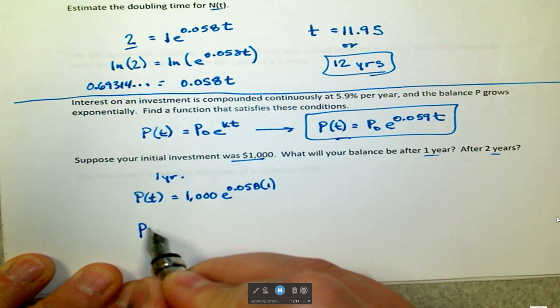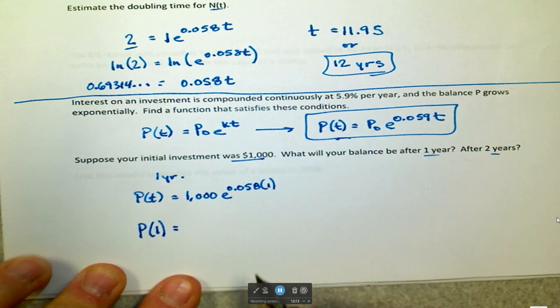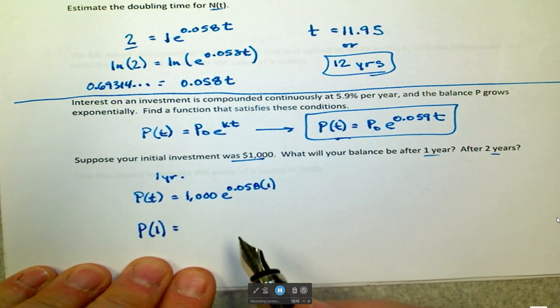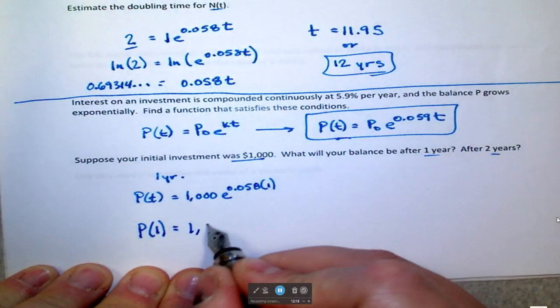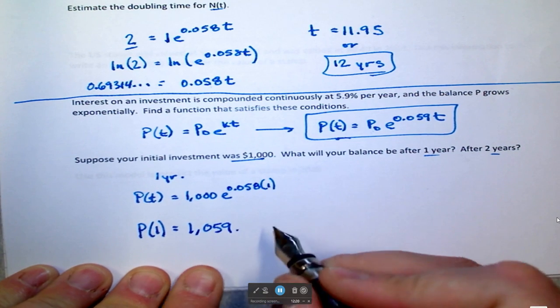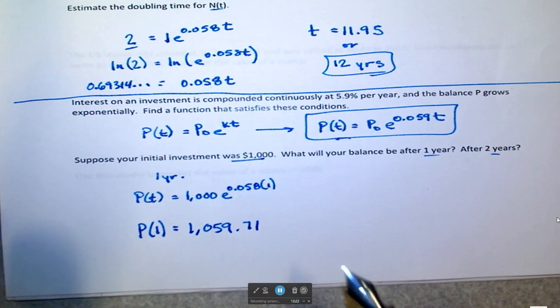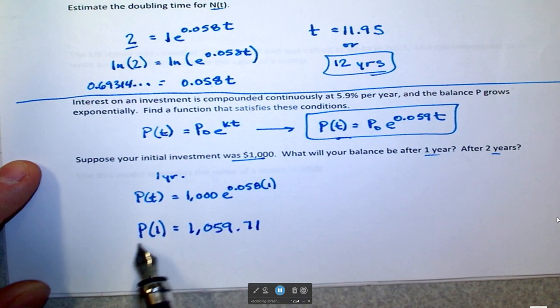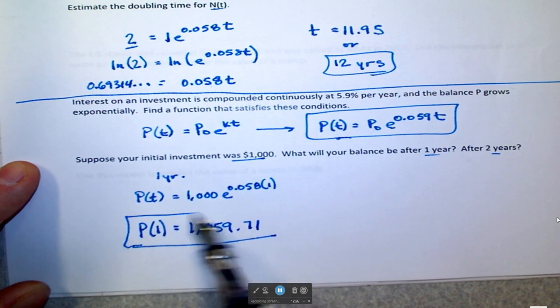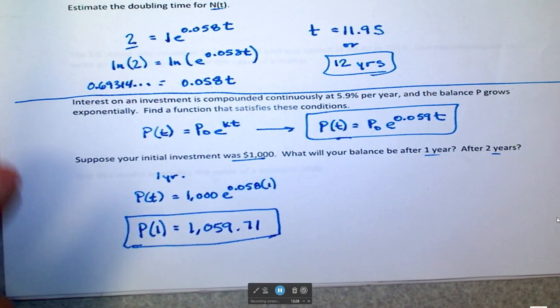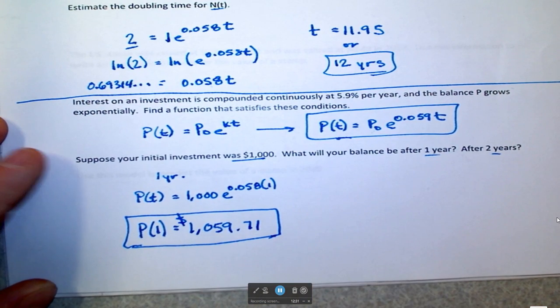I get P of t equals $1,059.71. And we won't tell you where to round this because it's money. And so anytime you're dealing with money, it's going to be to the nearest penny. Okay, so we'll put our dollar sign there.